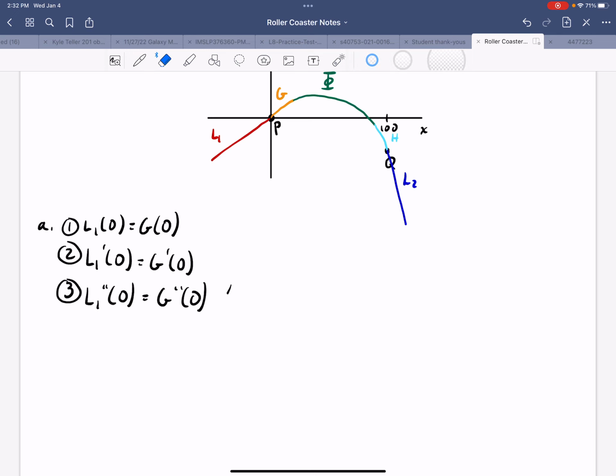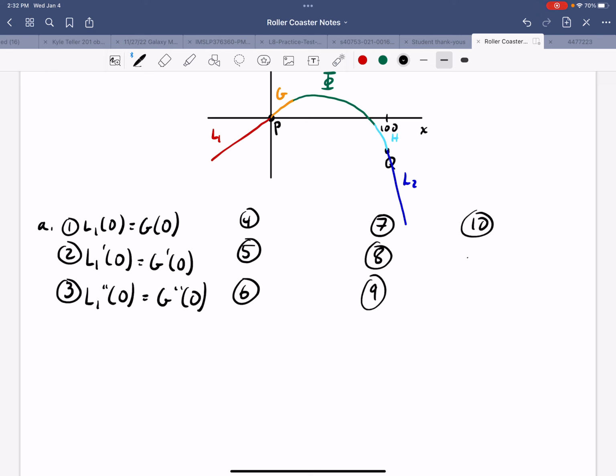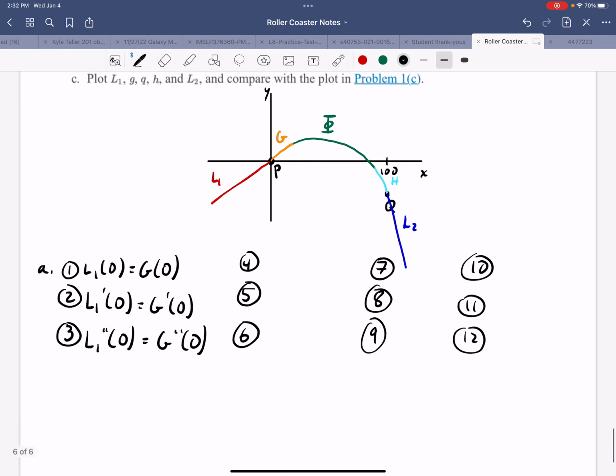So I will leave it to you to come up with equations 4, 5, 6, 7, 8, 9, 10, 11, and 12. They're similar forms. They're using G, Phi, H, and L2, so maybe you see the pattern. I hope you do.